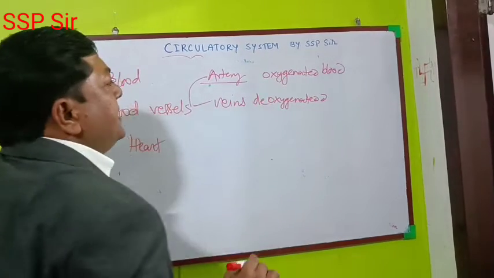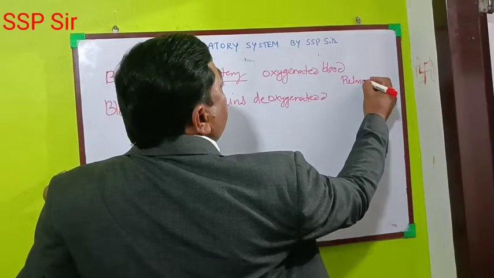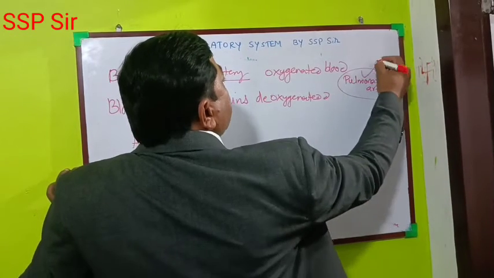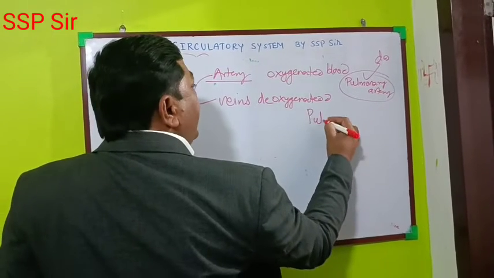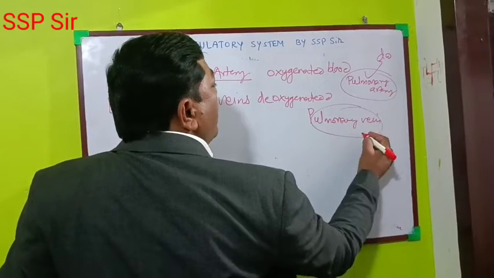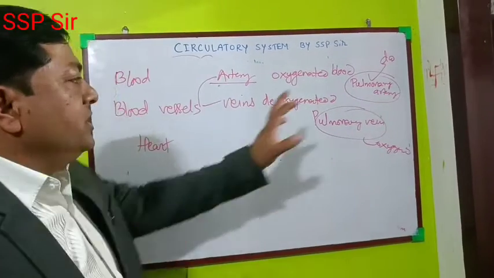There is one artery that is an exception, and that is the pulmonary artery. The pulmonary artery is the exception, which contains deoxygenated blood, and the pulmonary vein is the exception, which carries oxygenated blood. You have to remember this because it's an important question.